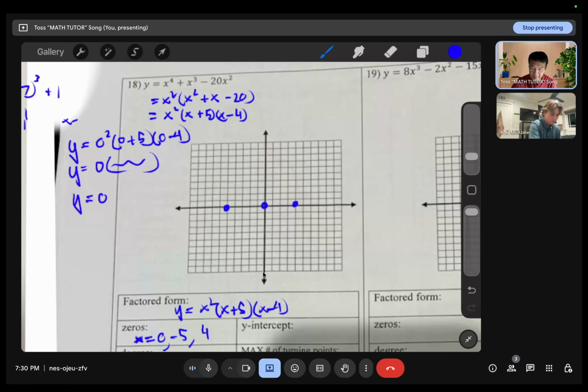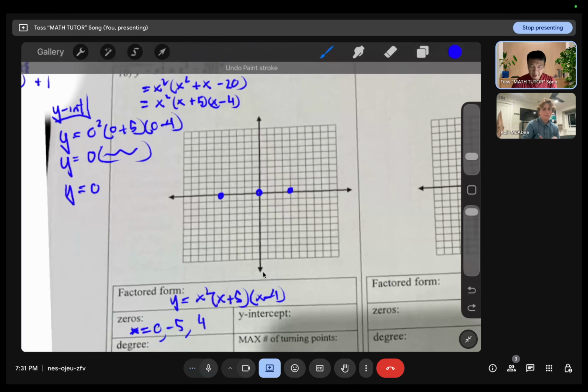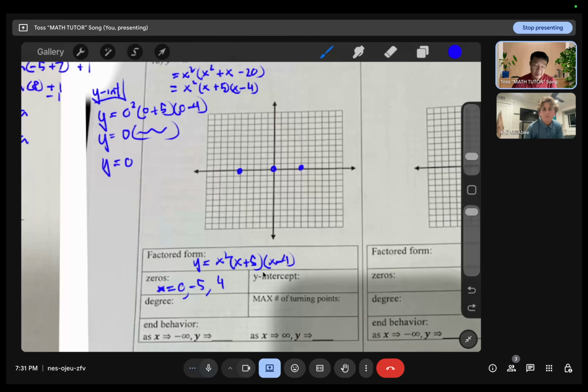I forgot to label the work I did for the other ones. This is the y-intercept that I've done here. It's the same thing as the x-intercept. They overlap, x and y-intercept the same. So this is 0, 0, and it's right here too. That's also 0, 0.